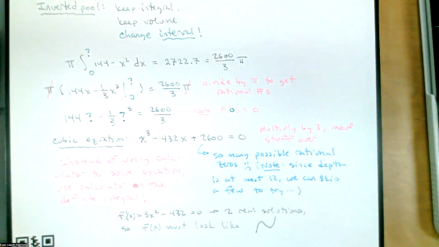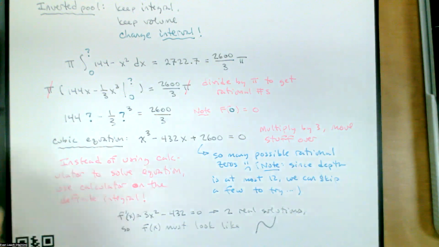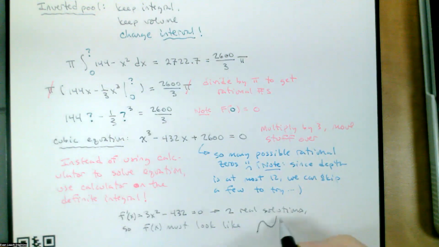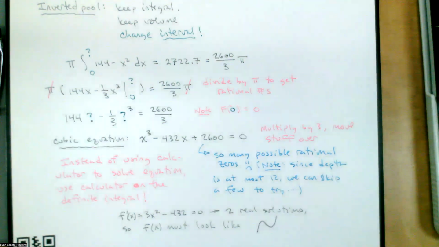The problem is that we don't know where those are. We can figure out where those are, but we don't know the number of x-intercepts of the original cubic, because it depends on where those turns are, above or below. Are we looking for a zero way out here? Or are there going to be 3 zeros, or is there just going to be 1 down here? Or are there going to be 2? That would be weird, but I think that would show up.